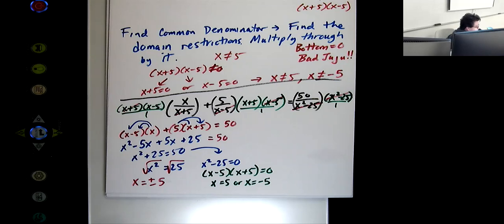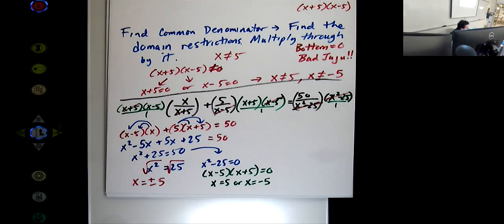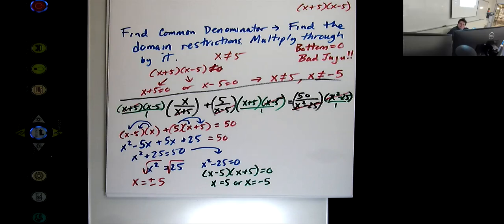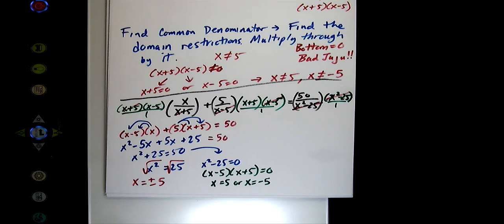Is everyone good with what we got? What's the answer? What? We just found the answer, didn't we? It's a contradiction, right? Why? Because there's no answers. Why? Because the domain restriction is all possible solutions.